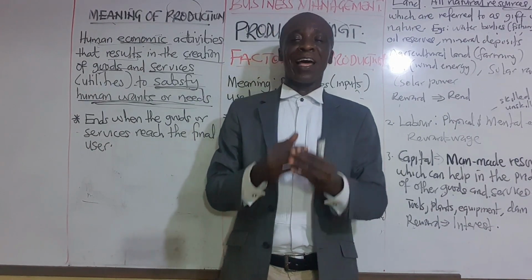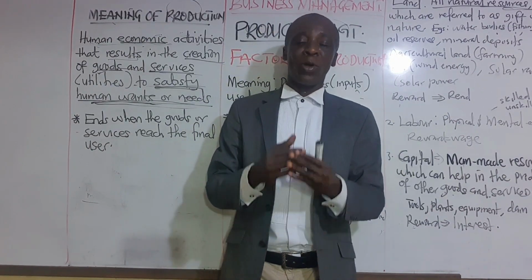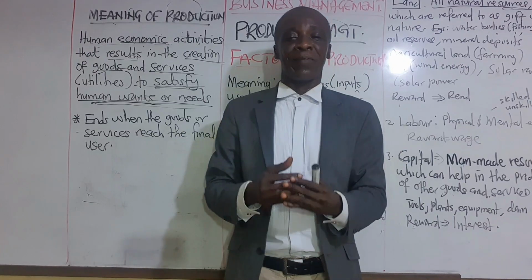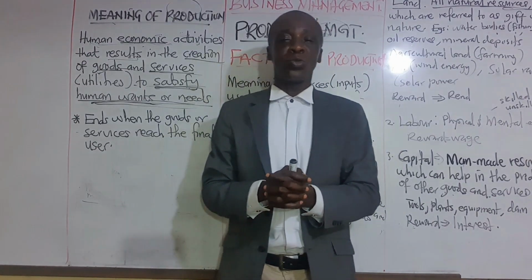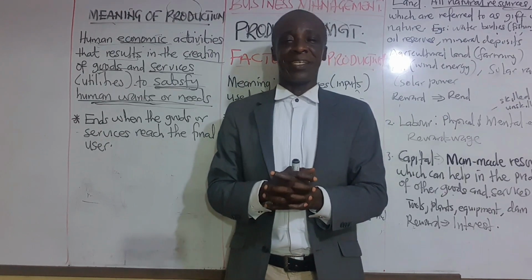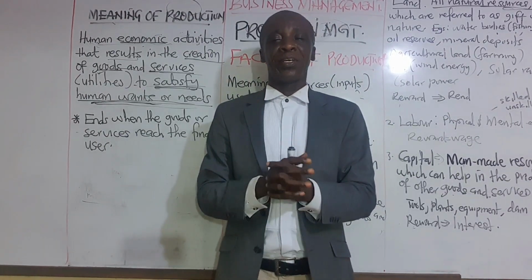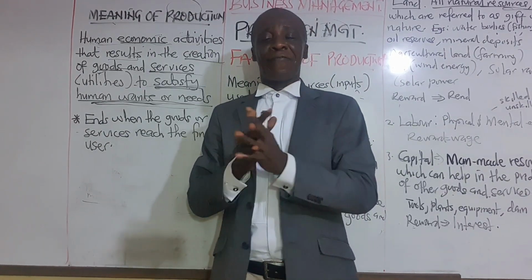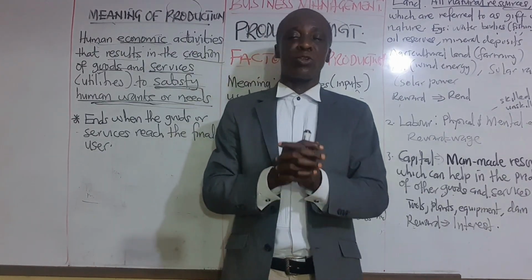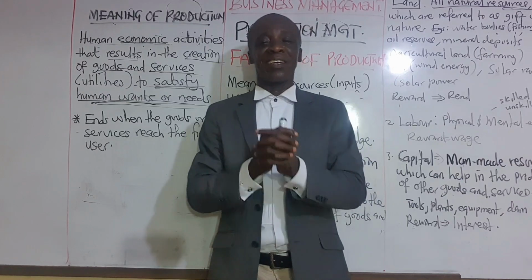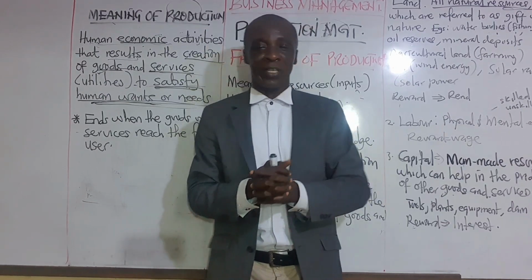And the final user is called the consumer. So it is only when the goods get to the final user that production is said to have been completed. So if you manufacture goods and they are still at the factory, in the warehouse, production is not complete till the goods get to the final user.